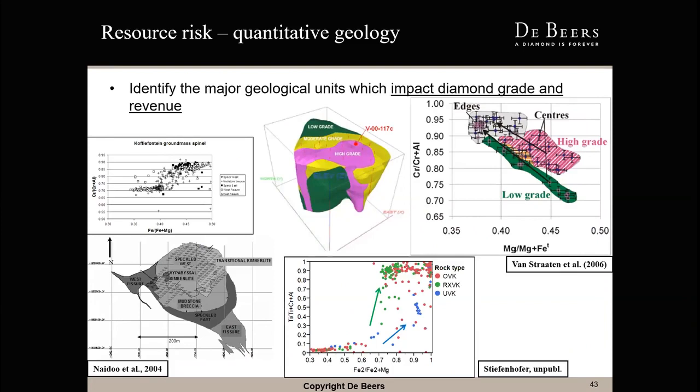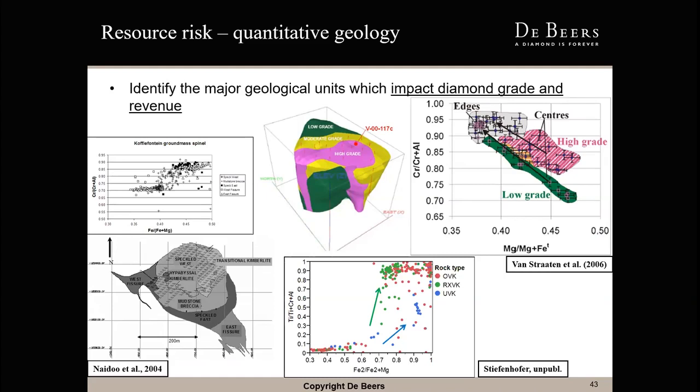It's easy to get carried away looking at all the textural and visual differences in these volcanic rocks, which are very abundant and very common because the crater is a very heterogeneous and very violent system, and it produces a lot of textural heterogeneity. But it is important to focus on the actual differences that impact your grade and your financial parameters in the resource model. And one of the best ways to do that would be to look at chemistry.